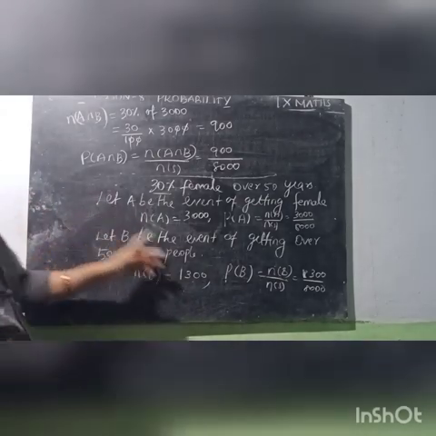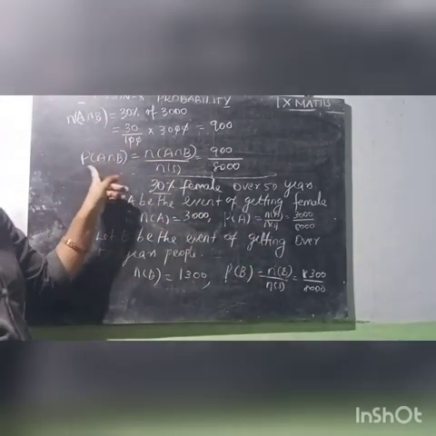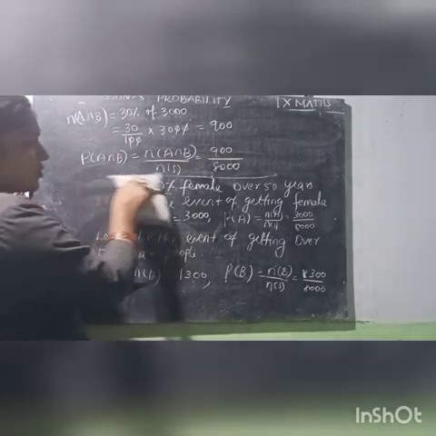Now we have all three values: P of A, P of B, P of A intersection B. Now we can substitute in the formula.